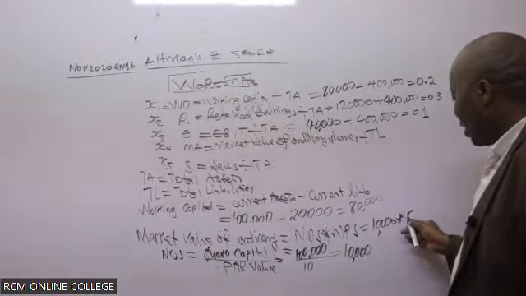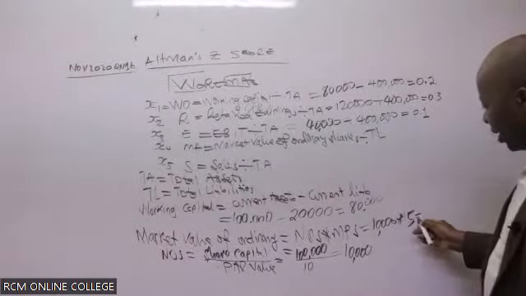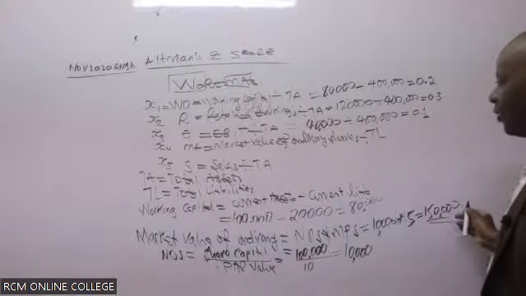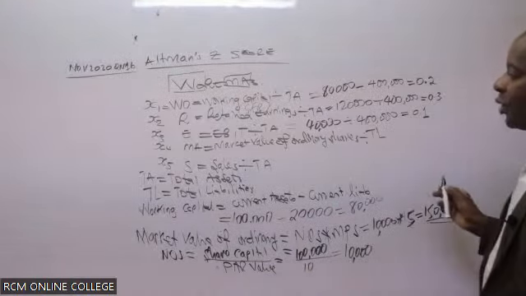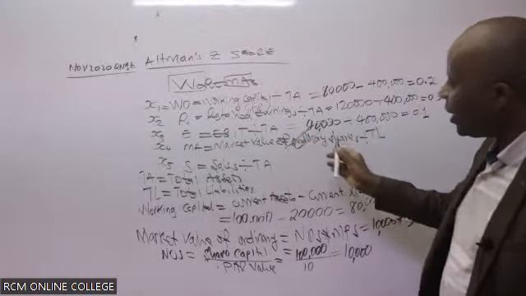So we have 10,000 times 15, which gives 150,000. Very important. So for the market value of ordinary shares, the numerator is taken care of.